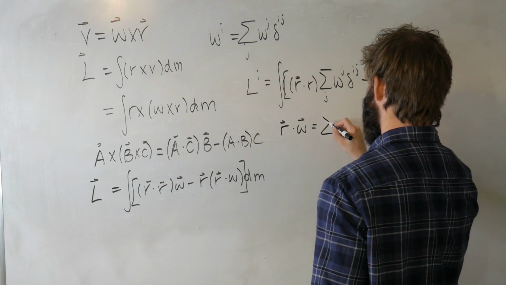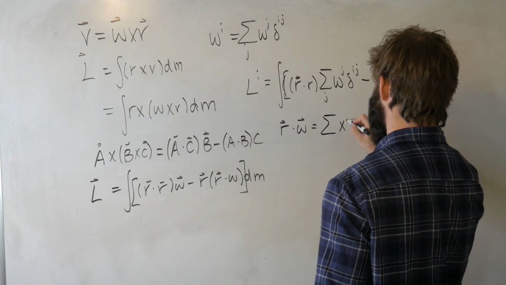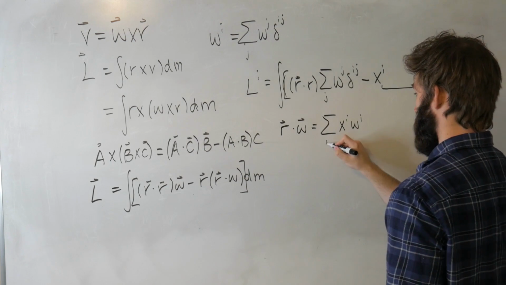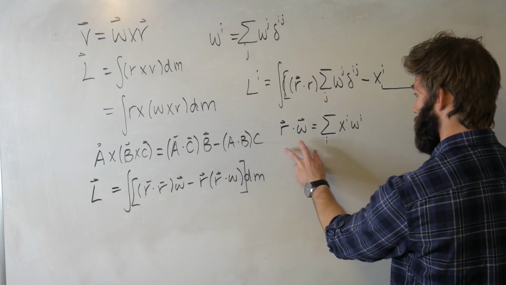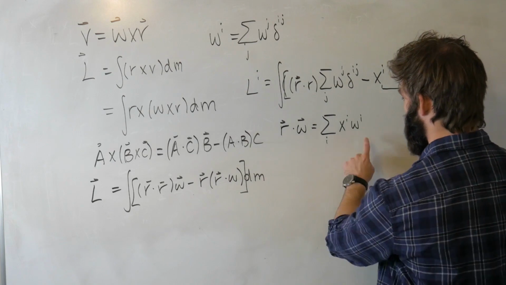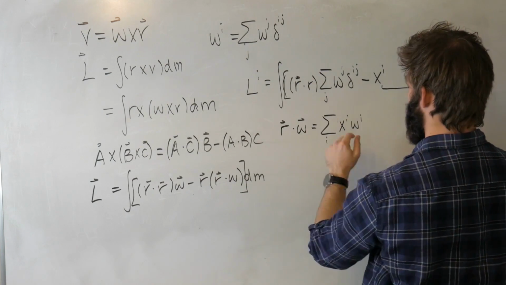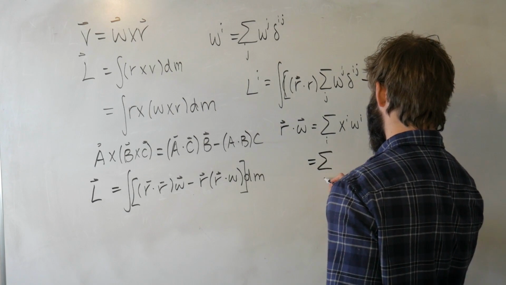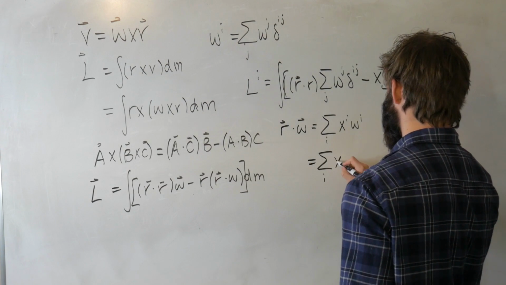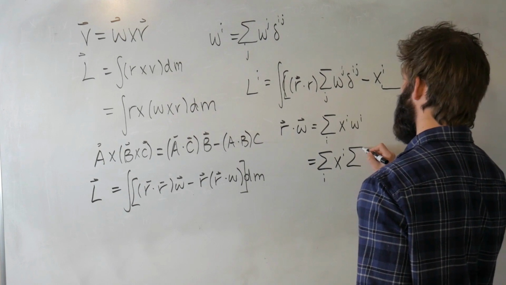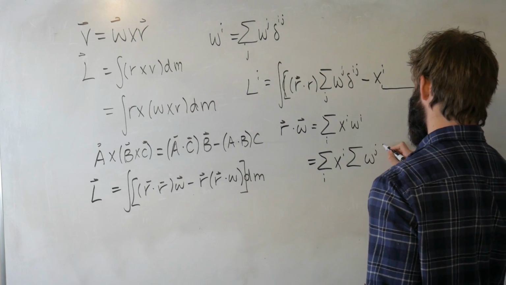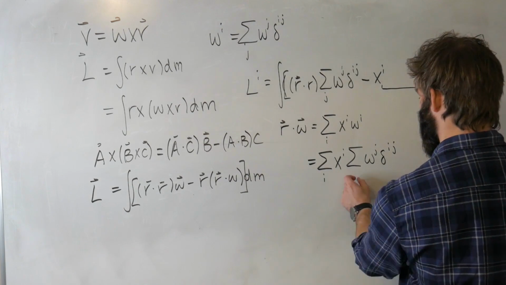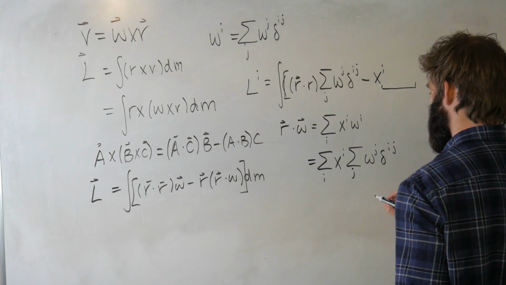So it's the sum of x_i omega_i, and we're summing over i, so this is just the definition of a dot product. And then what is the definition that we defined up here of omega_i? Well, this is equal to the sum over i of x_i sum of omega_j delta_ij. Let's pull out this sum, so we're summing over j here.